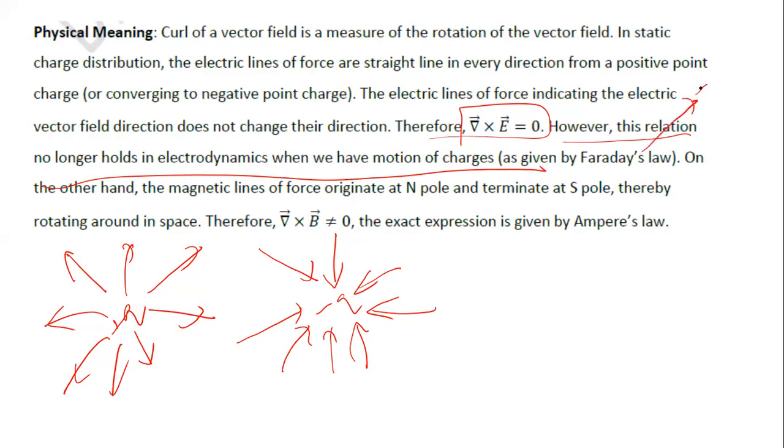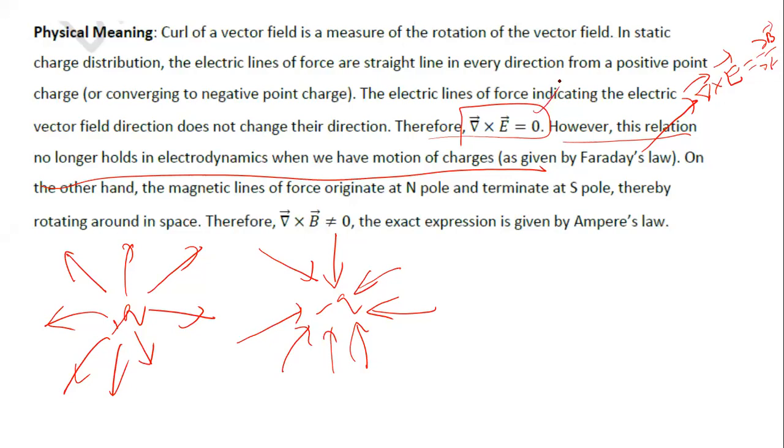Faraday's law is, probably some of you already know, curl of E is minus del B upon del t. So when we have motion of charges, curl of E is non-zero. But when you have a static charge distribution, the electric field lines are always straight lines. They do not rotate, and there you will have curl of E as 0.